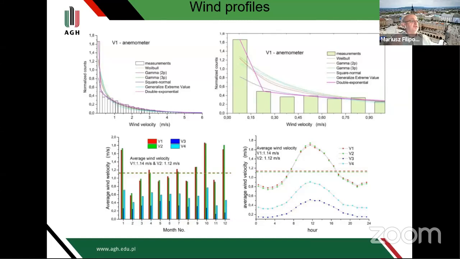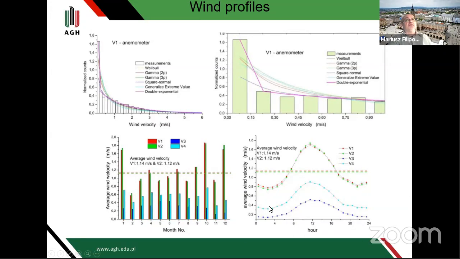Such devices, and we want to use in this aim our test facility with intense numerical modeling. So, average wind speed for all these months. We have this data gathered at the moment.